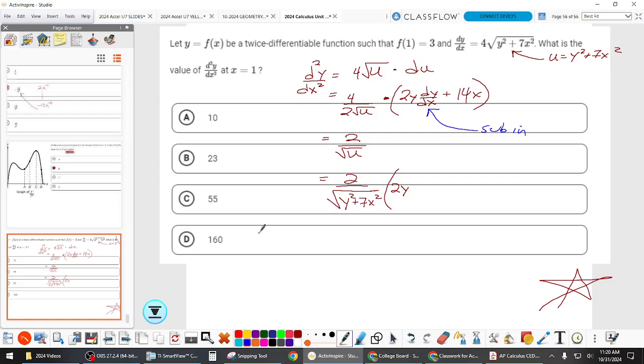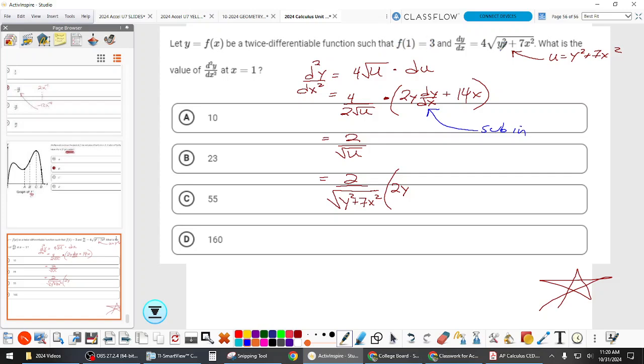So a couple things. I always do my math symbolically and plug in at the end. And I'll be honest, that's not a great testing strategy because it's slower, but I like to see it play out first. I could plug 1 in here right now, right? Well, these two things, actually.